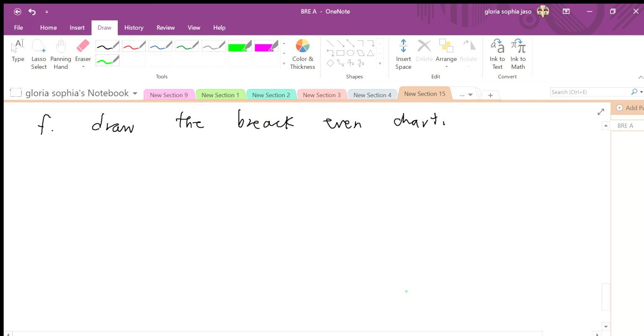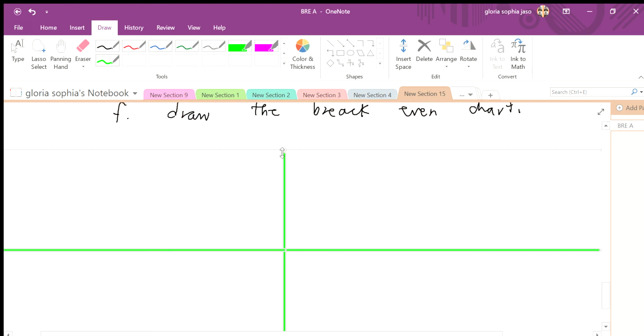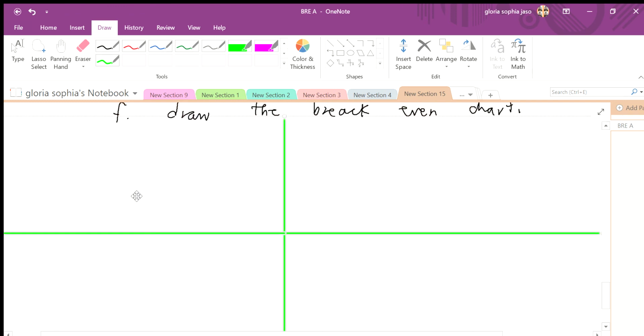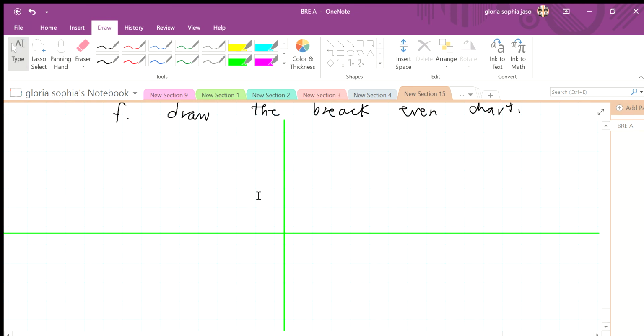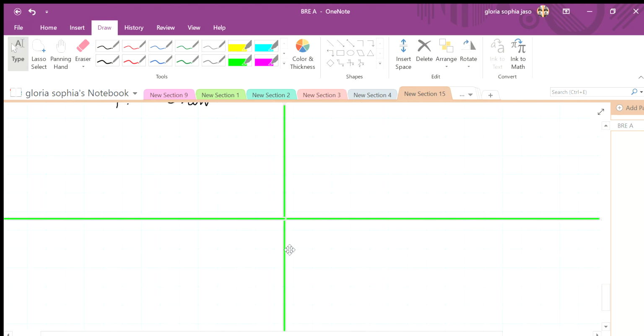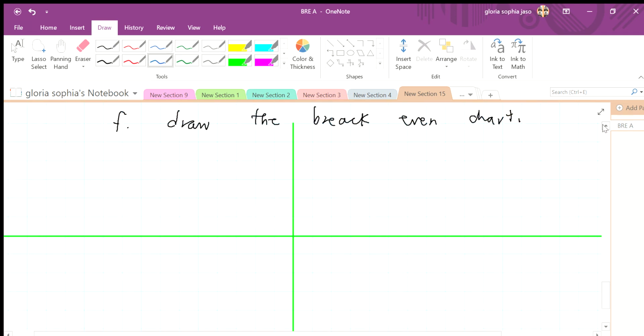Next question, draw the break-even chart. Okay, so now we will draw the break-even chart.